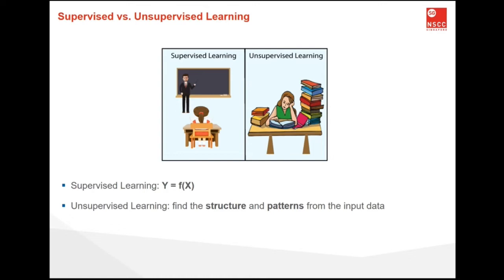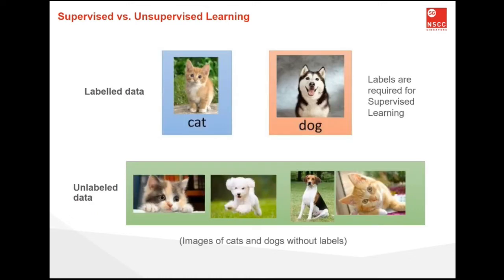Unsupervised learning can be used for two types of problems: clustering and association. As mentioned above, the clear difference between supervised learning and unsupervised learning is that one is using labeled data, and the other one is using unlabeled data.